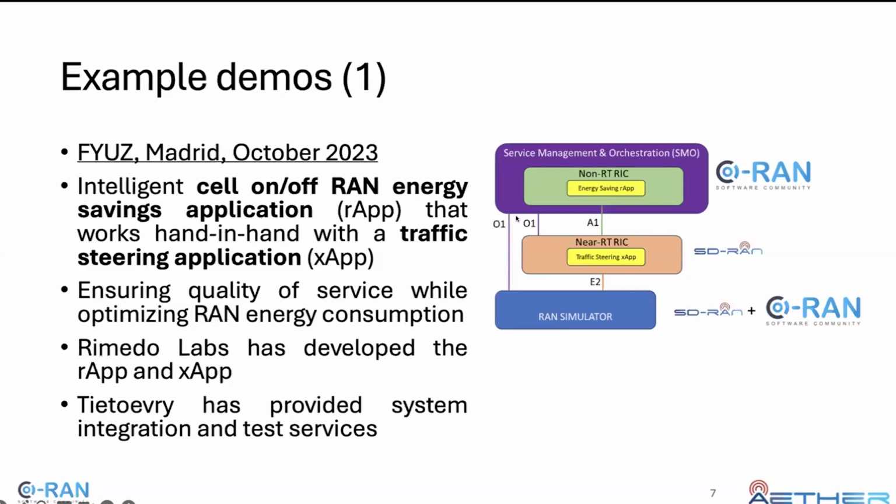And Rimedo Labs has developed here one RAP for energy savings and one XApp, doing intelligent cell on-off, and also the traffic steering. And Tieto here was the company which provided system integration. So with the help of these open source components, we were able to do such a demo.